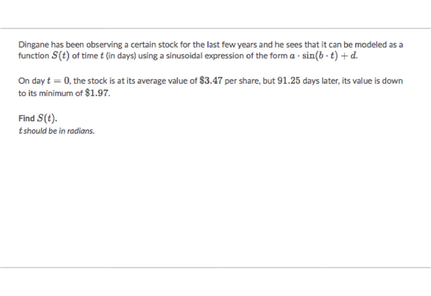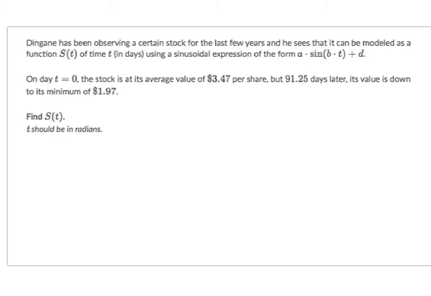I think we've got one last one of these, which is using a sine function instead of cosine. We're told on day 0, the stock has its average value of 3.47. So that's my midline.